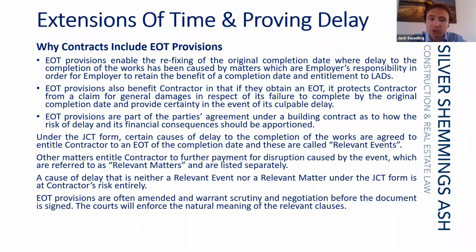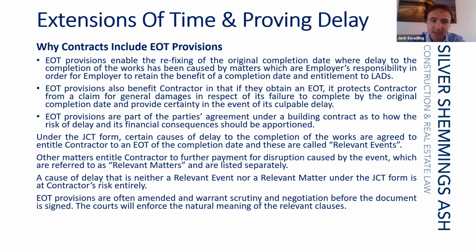So, quick note on the JCT form, and I'm sure many of you will be familiar with this. Causes of delay to the completion of the works that are agreed to entitle the contractor to an extension of time of the completion date are called relevant events. Even when not looking at a JCT contract, I think these events would be referred to as relevant events anyway.